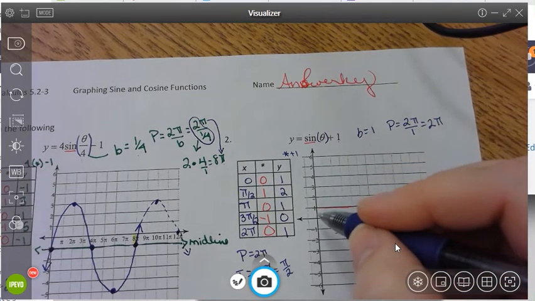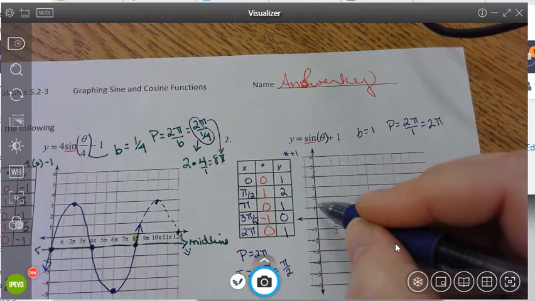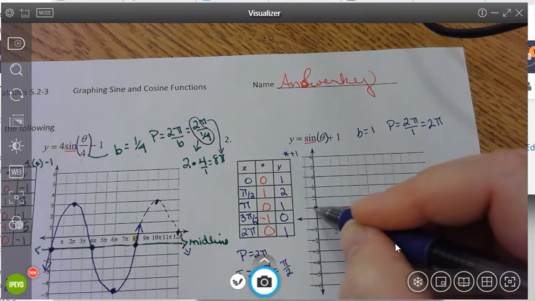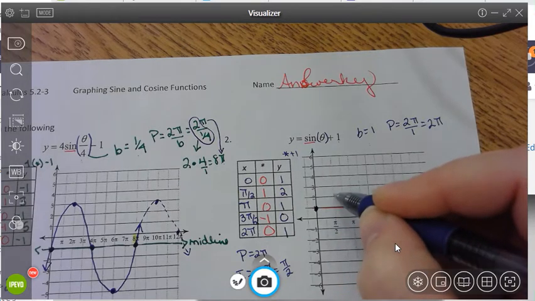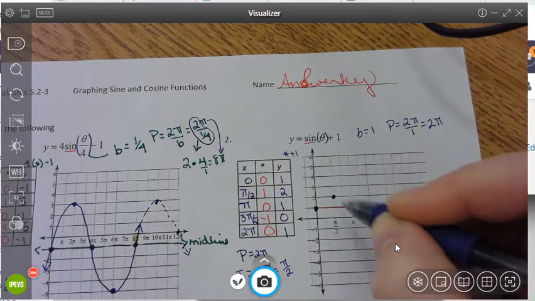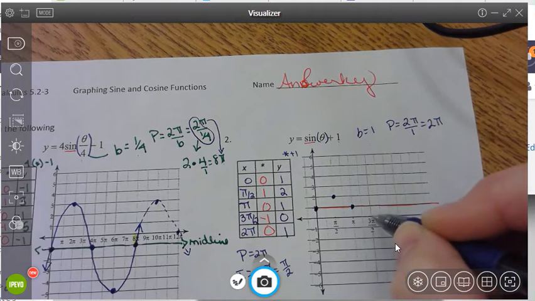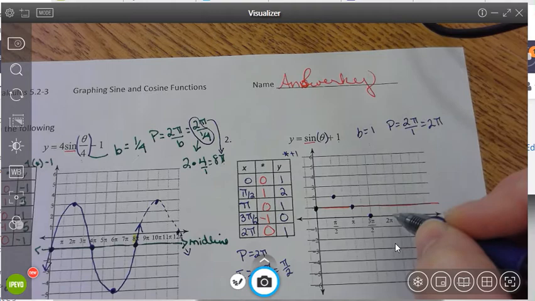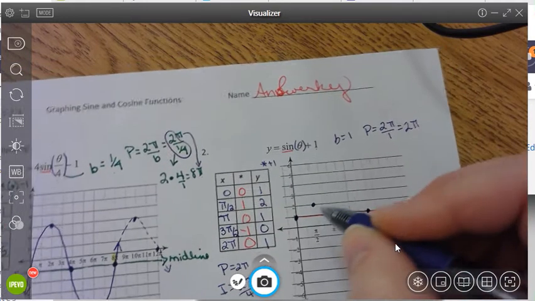And then I'm going to go ahead and make out 0, up 1. I'm going to start with 1. Pi over 2 is 2. Pi is 0. 3 pi over 2 is 0. 2 pi is 1. And I'm right here.